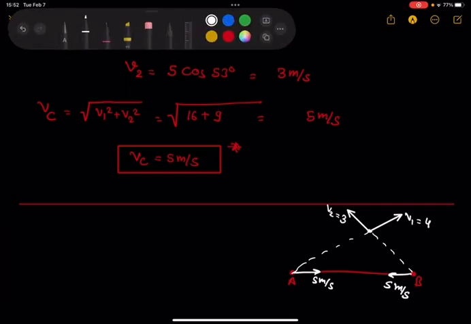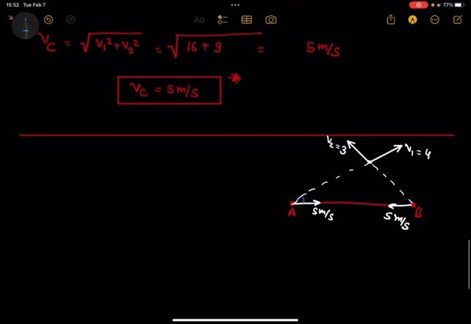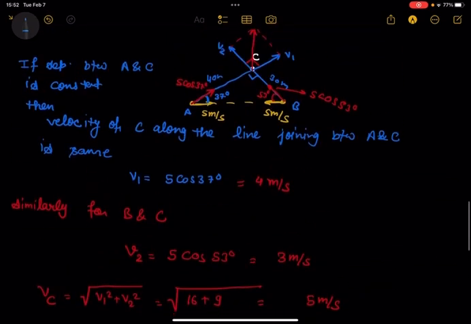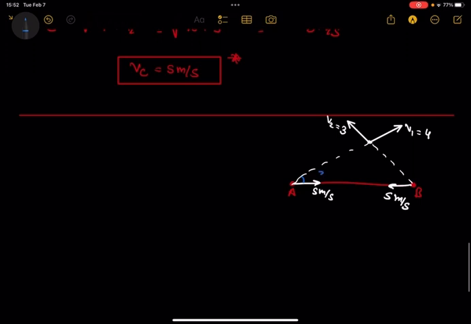If you take this angle, it is 37 degree, and this angle is 53 degree. So one component is acting in this direction, equal to 4, and here it is 3, means 3 meter per second, 4 meter per second.